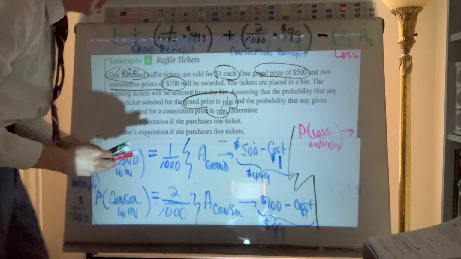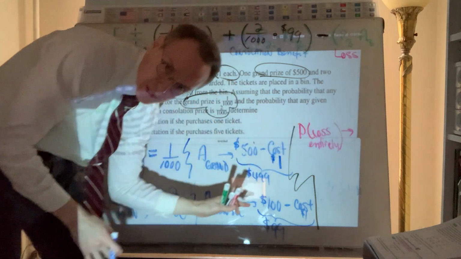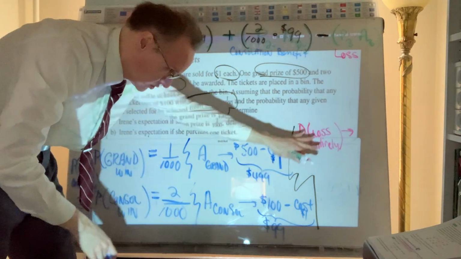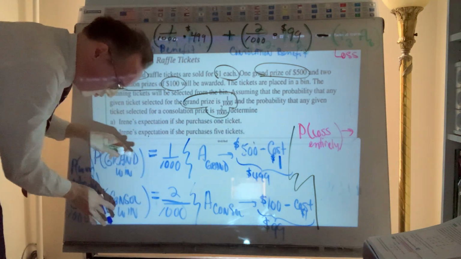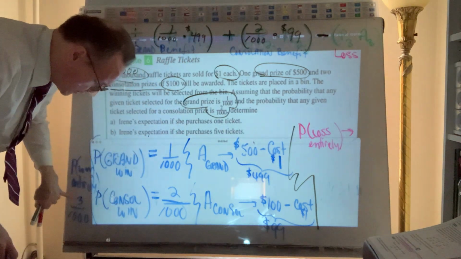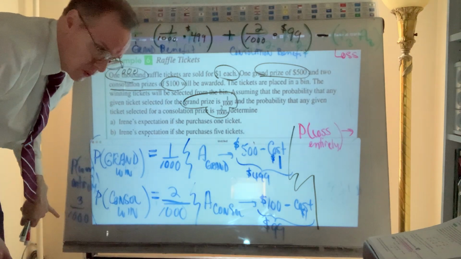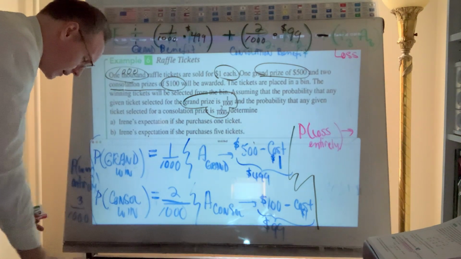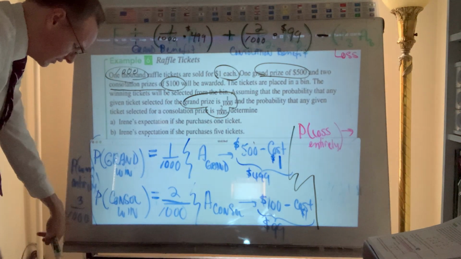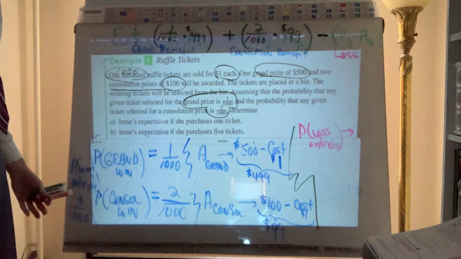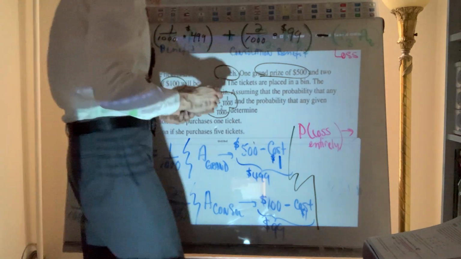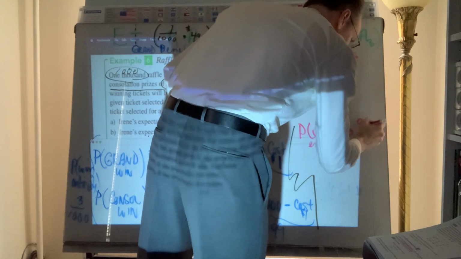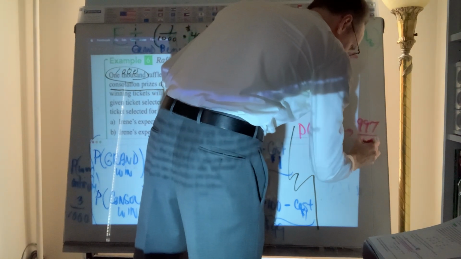So the probability of losing entirely would be the balance out of 3 out of 1,000. So what would be the balance? Remember, they always add up to a maximum, in this case of 1,000. So what's 1,000 minus 3? 997 out of 1,000.